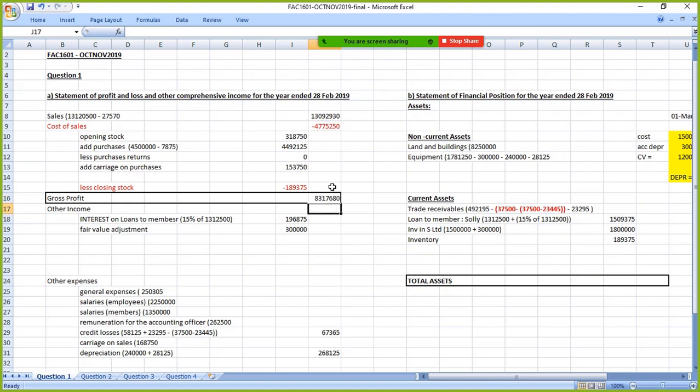Subtract gross profit. Other income is this plus that. Other expenses. I've put these in the wrong column. It's fine, we'll move them up.